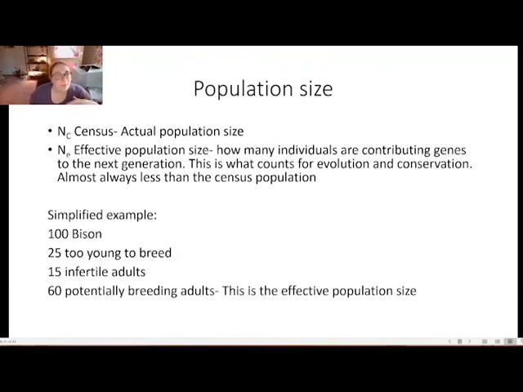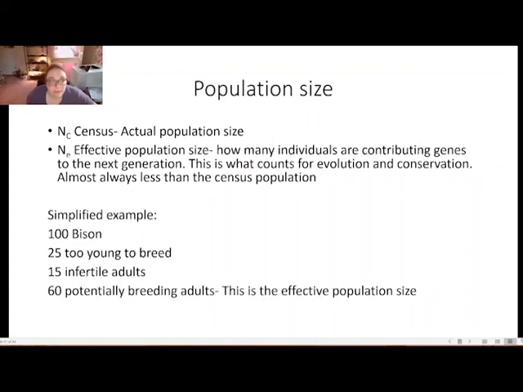But that's not the number that really matters. You can have a huge population, but what matters is your effective population size, which is how many individuals are contributing genes to the next generation. This is what counts for evolution and for conservation, and it's always less than the census population. It's always less than what we actually have.